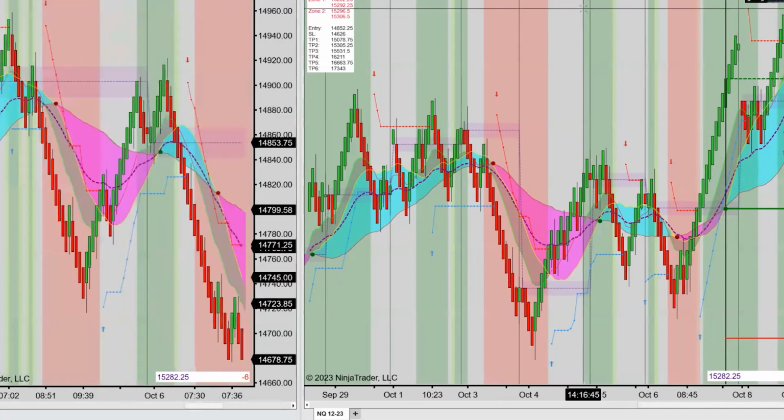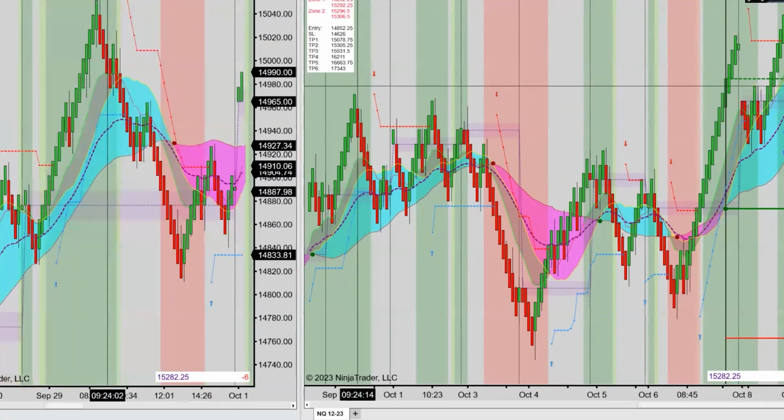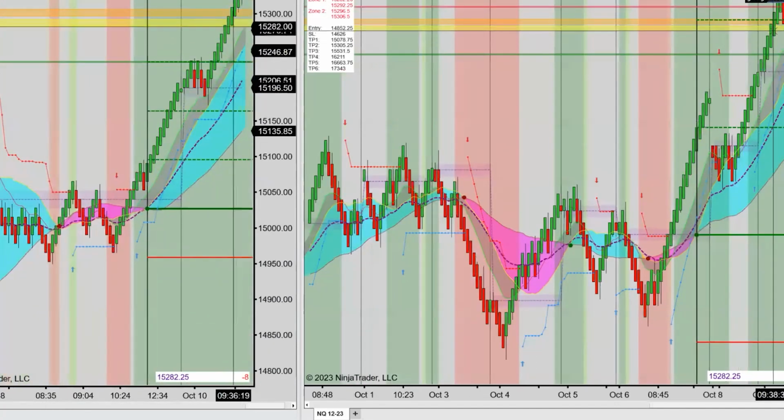That is the 200 right here, and the one that's moving right now is the 100. When both of them closed higher, or the prior candle closed higher, then that by definition defines the environment to be long.